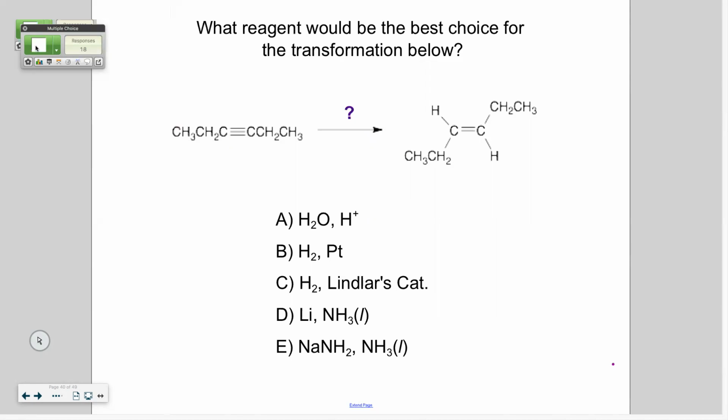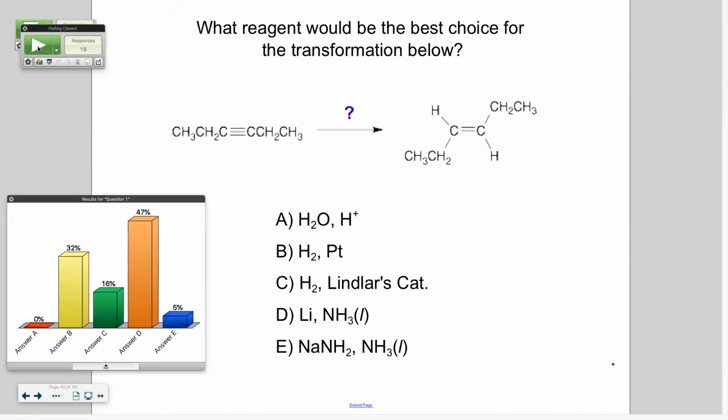Guess is better than nothing. Okay. See how we did. Okay, nobody picked A. All right, I'm going to take that as a good sign.